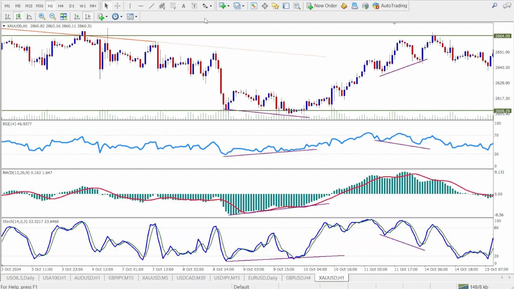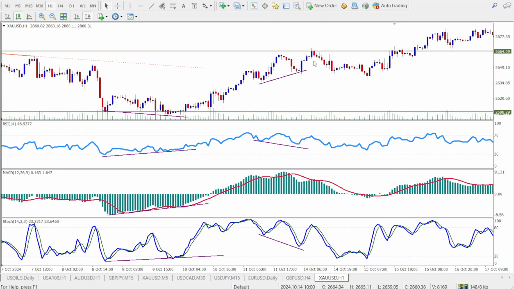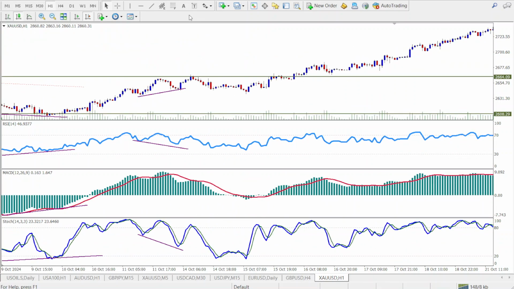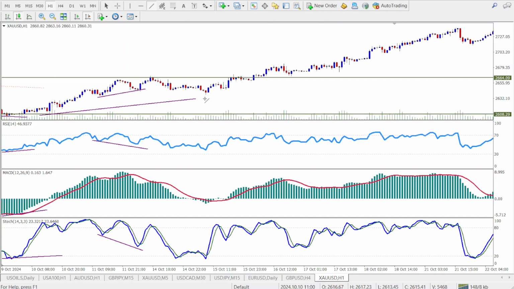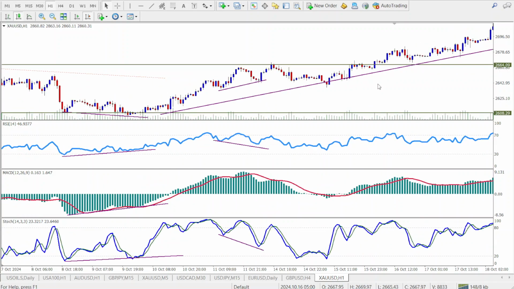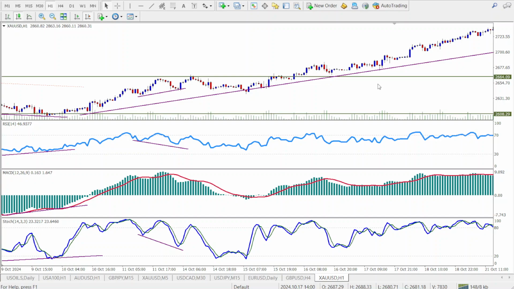The first is avoid divergence in a strong trend. Okay, if the market is in a strong uptrend or downtrend, divergence alone is not enough to justify a trade. Okay. Secondly, look for confluence.